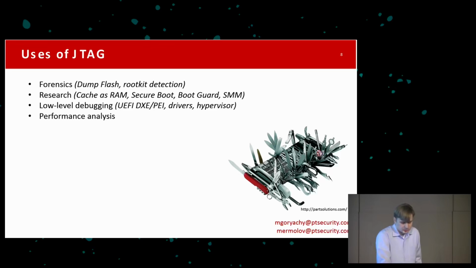JTAG can also be helpful in research for analyzing undocumented architecture techniques, such as Boot Guard or System Management Mode. And it also may simplify debugging of hypervisors and drivers, or power consumption or UEFI models.